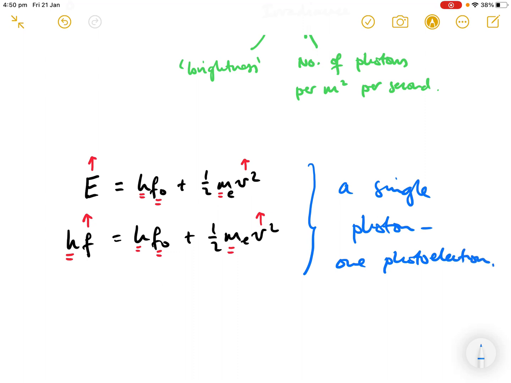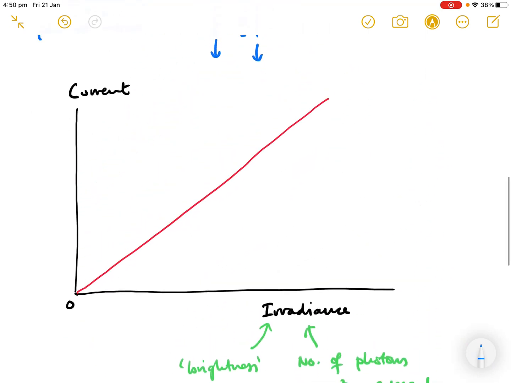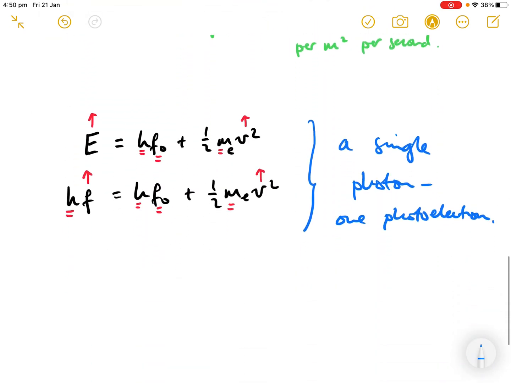So increasing the irradiance just means this happens more times per second, per square meter. Okay, so the current's definitely going to go up, but increasing the irradiance does not increase the kinetic energy of each individual photoelectron, because each individual photoelectron's kinetic energy depends on the energy of the individual photon coming in.